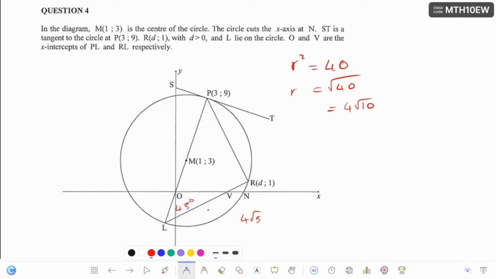So since I said this length is equal to this length, this length is opposite to this side. So even this one is 45 degrees. So this one is 90 degrees.